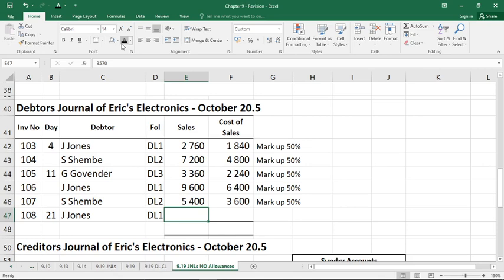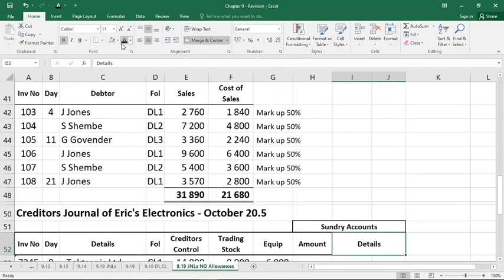In other words, we're going to reduce it by 15%. So you could times it by 15% and subtract it, and there is your correct sales price that you sold it to him for. To get the cost price, you would use the markup once again of 50% to get the cost of sales. At this stage, your debtors journal is finished and you could total it up.